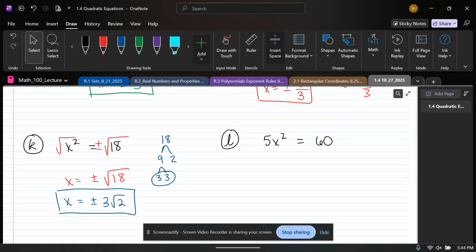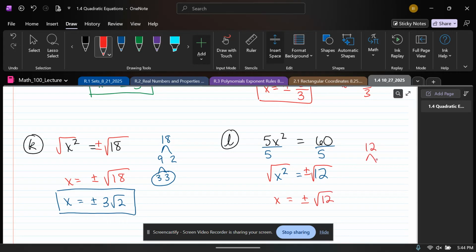So very similar to example K, except it's got a number in front of the x squared. So what do I do first? Yeah, get rid of that 5. It's going to leave me x squared is equal to 12. 60 divided by 5 is 12. And then I have the x squared by itself, so I can take the square root. Plus or minus on the number side.